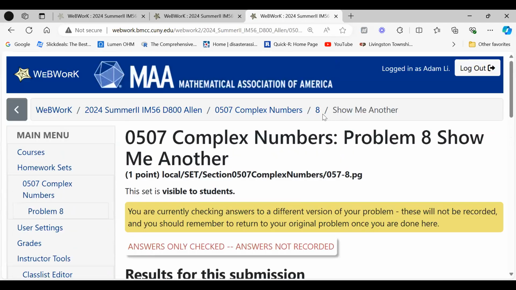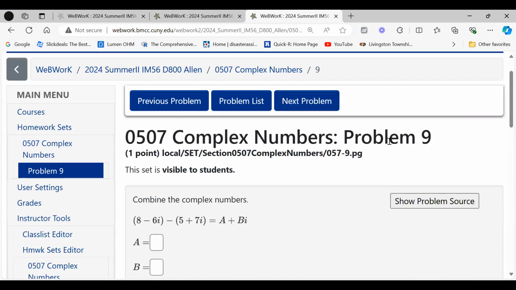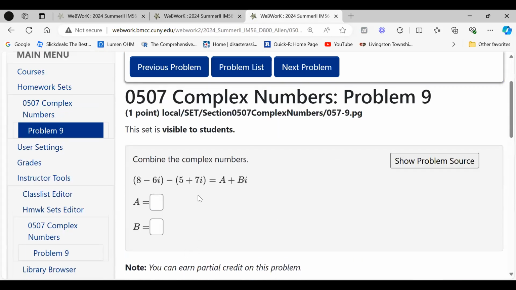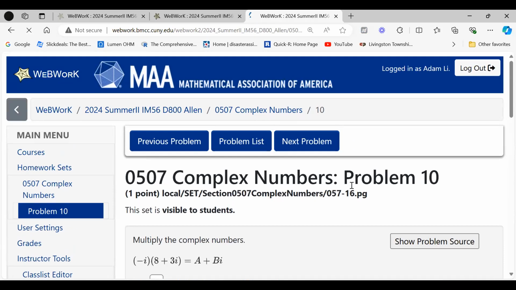Okay, this is good. And we're gonna see multiplication and division soon. I can leave this to you guys. And let's look at the next question.